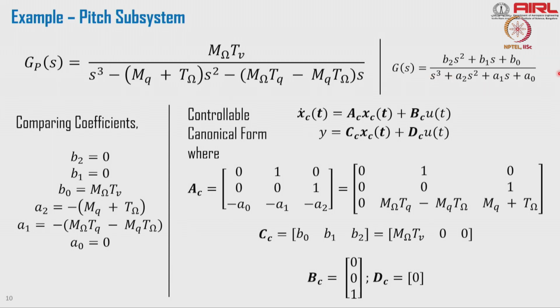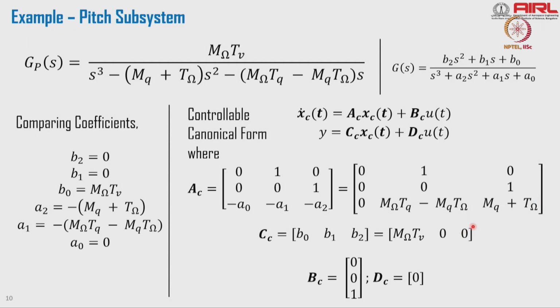Once you have the transfer function, the denominator coefficients come into the A matrix as minus A0, minus A1, minus A2. The first column will be 0 because A0 is 0. The second column will have 1 0 M omega TQ minus MQ T omega. The third column will have 0 1 MQ plus T omega.